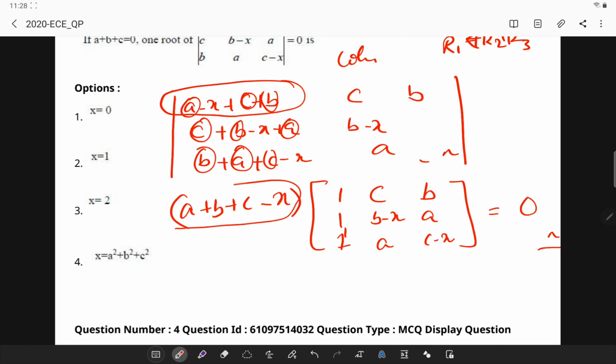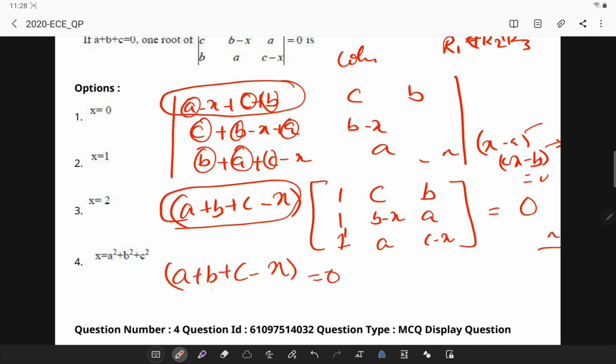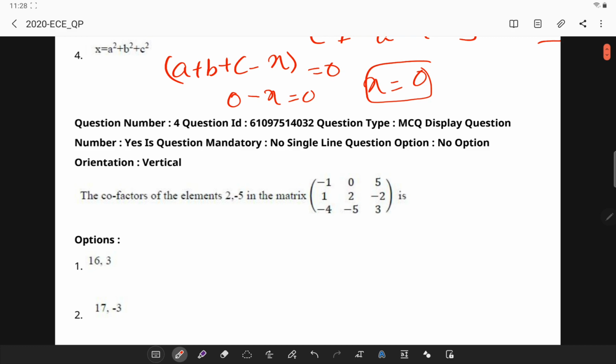If you observe, for example, if you have an equation x minus a into x minus b is equal to 0, you equate each factor to 0. Similarly I can equate a plus b plus c minus x is equal to 0. Now already it is given a plus b plus c is 0. So 0 minus x is equal to 0, or x is equal to 0. So you have your first option as your answer.